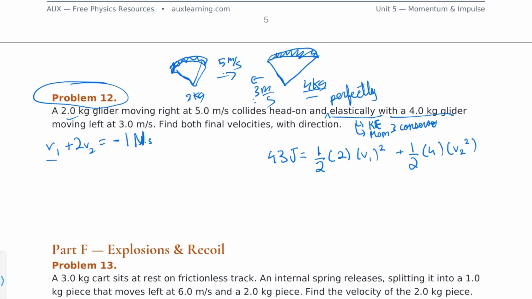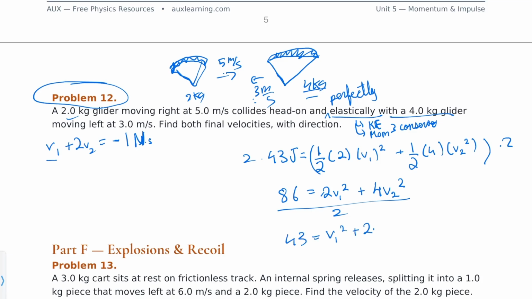So we can just multiply by 2 here to get rid of all these 2's, these fractions. And we get 86 is equal to 2v1 squared plus 4v2 squared. Okay, then we can divide by 2. So I probably shouldn't have multiplied here if I'm just going to divide, but whatever. 43 equals v1 squared plus 2v2 squared, right?